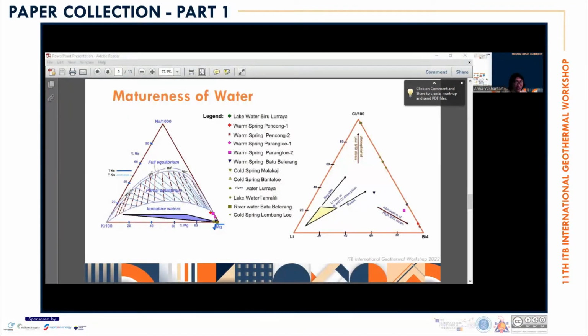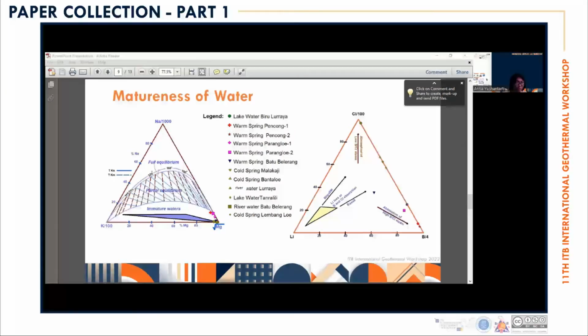Based on this comparison and adjusting to the geological data, the geothermal system tends to be in a quaternary volcanic lithology environment for the Batu Belerang warm spring, and for the Pencong Paranglo warm springs, they tend to be in a sedimentary environment.